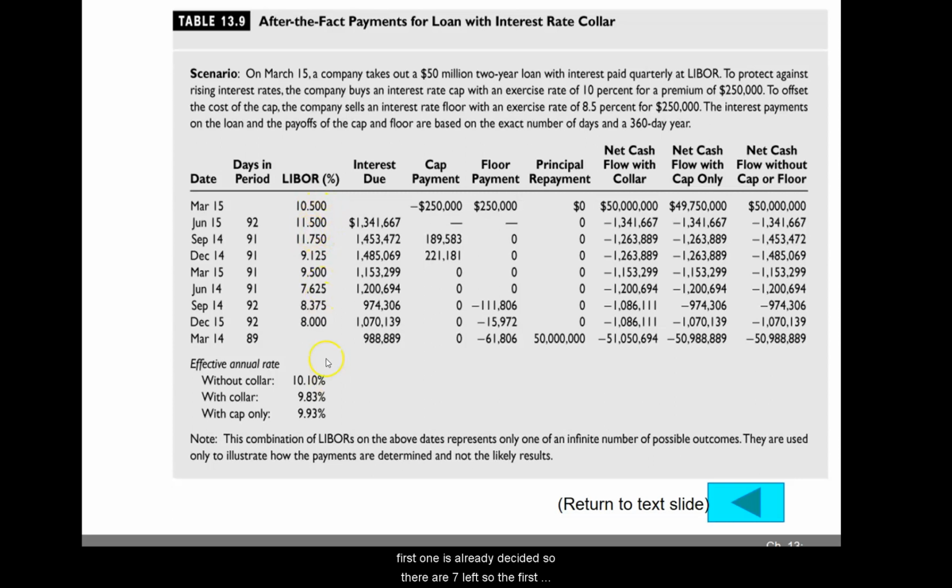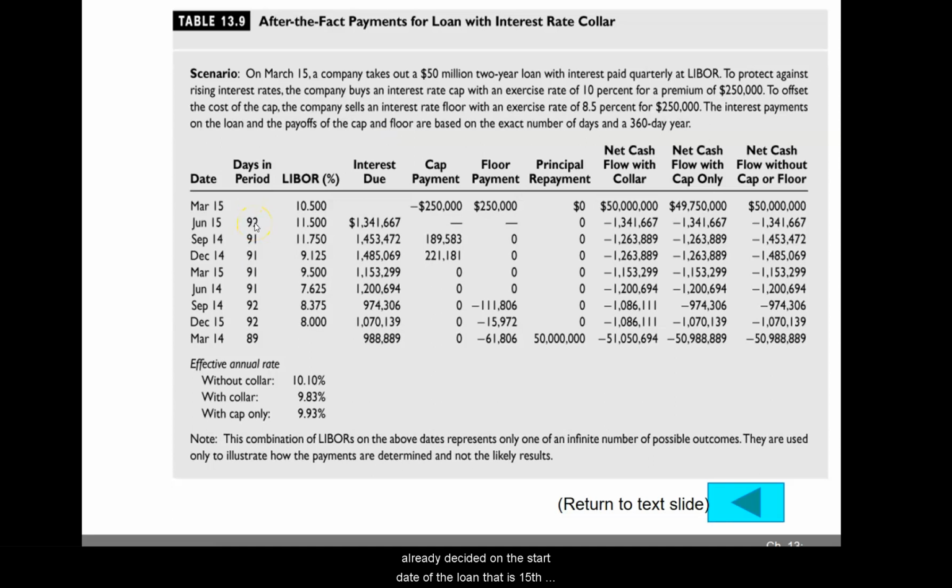So there are 7 left. So the first interest payment on the loan, that is $50 million, is already decided on the start date of the loan, that is 15th March.